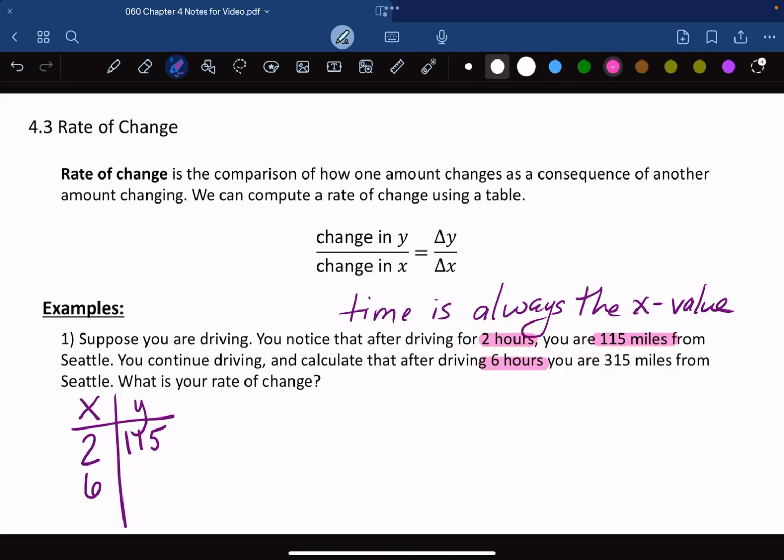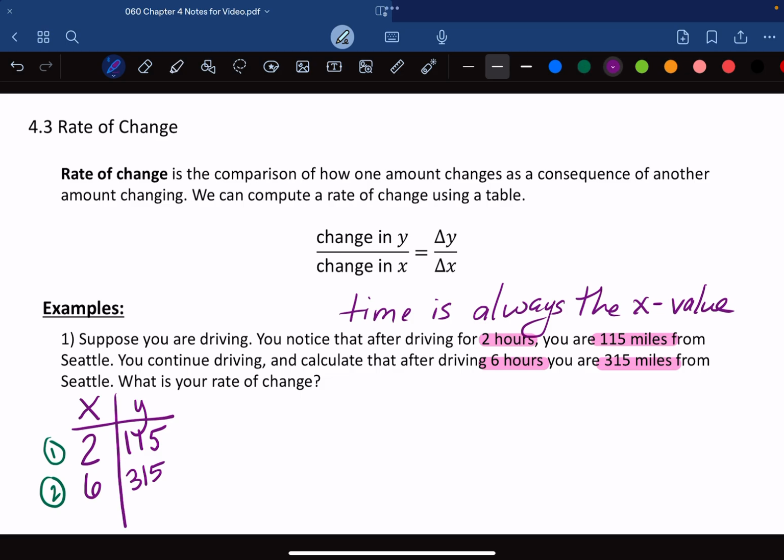And when our input is 6, our output will be 315. So we have 2 pieces of data. We have our starting point of data that we noticed, and then we have our second notice of data later on when we were driving.